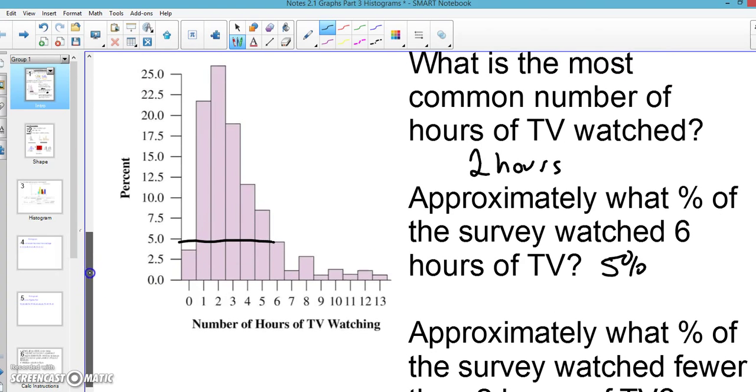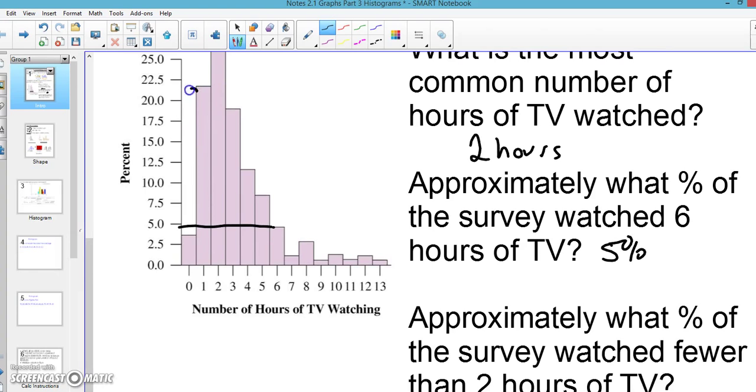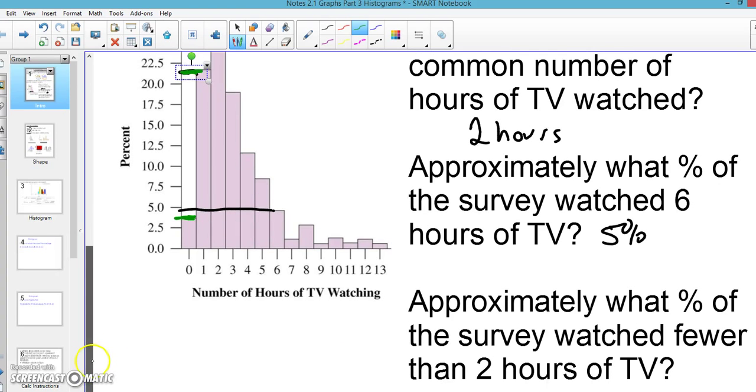So that would be people who watched 1, and people that watched 0. Add those two together. So we have maybe about 22% plus another 3%. So we would say our answer there would be about 25% of the people surveyed.